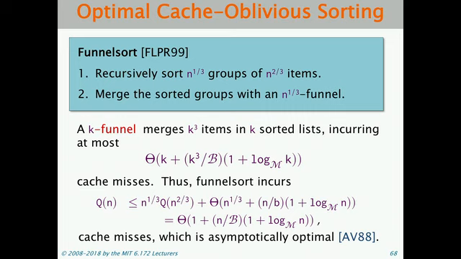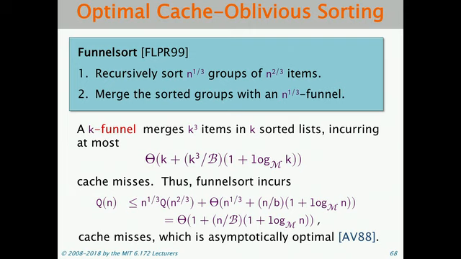This funnel is called a K funnel more generally, and it merges together K cubed elements in K sorted lists. The cost for doing this merge is shown here. If you plug this into the recurrence, you get that the asymptotic number of cache misses is the same as that of the multi-way merge sort algorithm while being cache oblivious. And this bound is actually optimal.